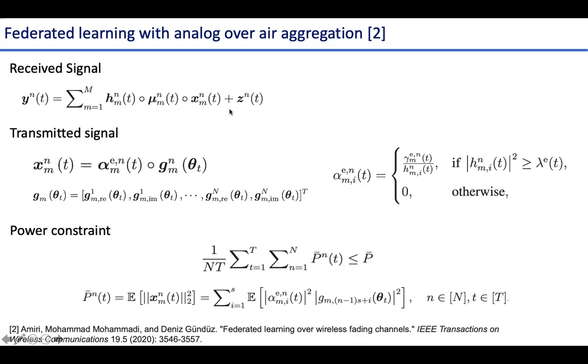And we have the additive complex Gaussian noise. The transmitted signal is the gradient vector, where every element is scaled by the scaling factor alpha, which has to be chosen such that the power constraint at user m is satisfied, or not violated.